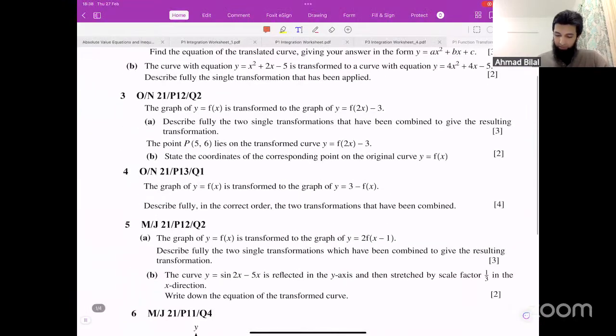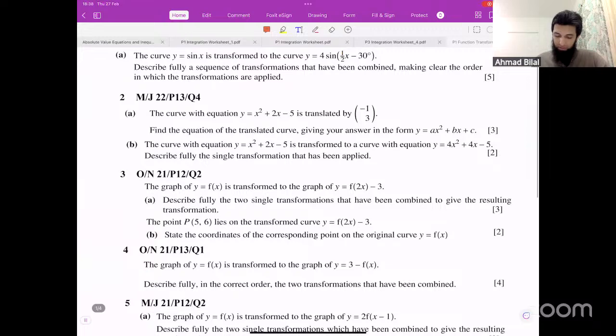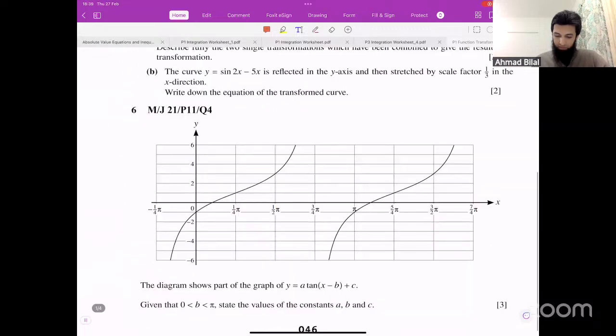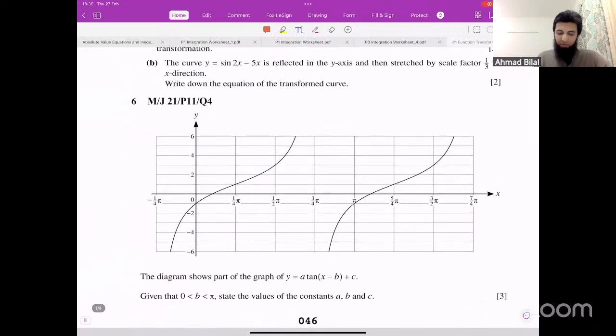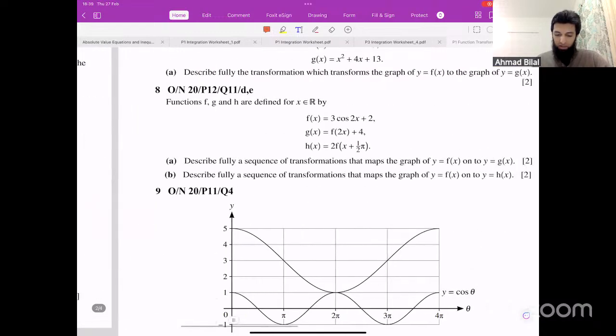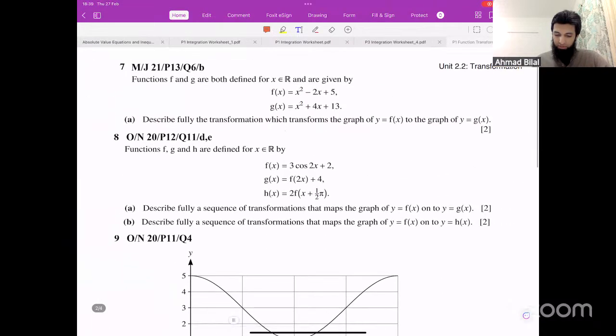One quadratic function in which we have to figure out the transformation. Let me find one from here. This is one very good question as well. Question number 6. I'll do this as well. But before this, let me find one.